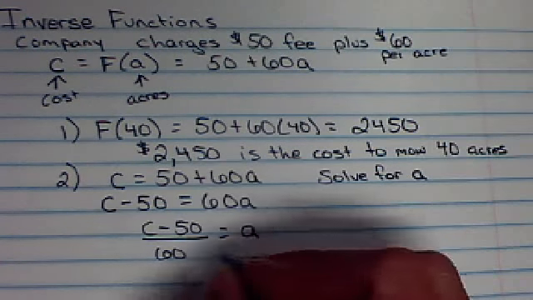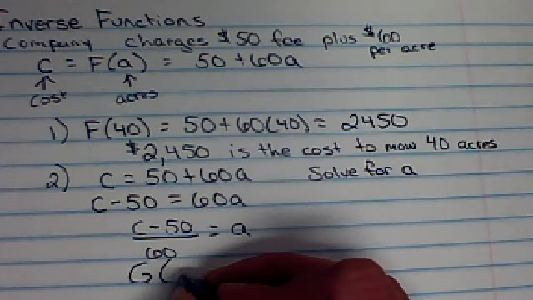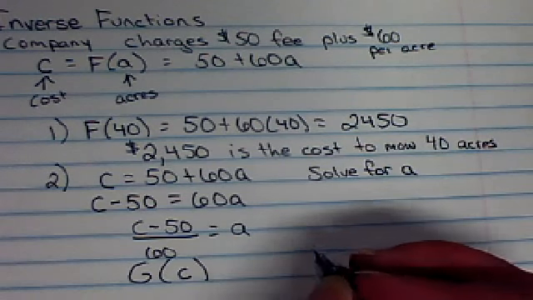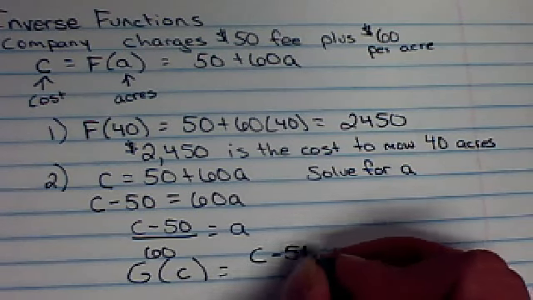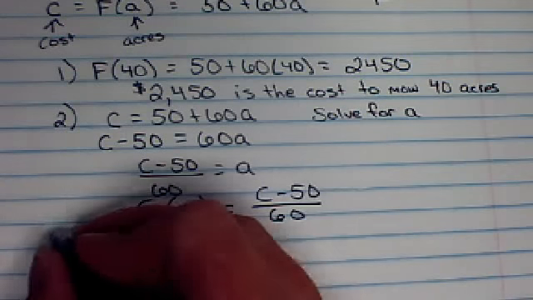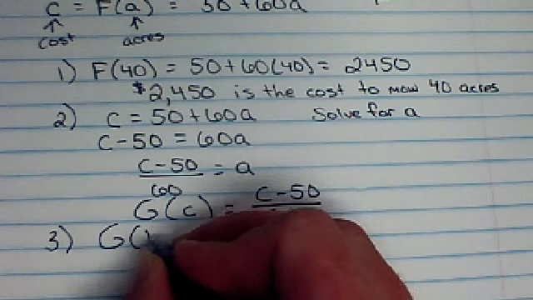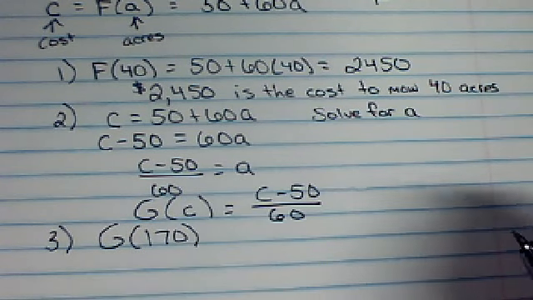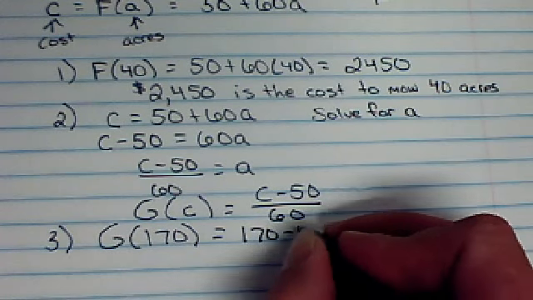And let's give this one a new name, okay? We're going to call this one G of, what's my input for this function? It's G of C. Could I find G of 170? And then let's figure out what that means. So that means I'm going to plug in 170 for my variable.